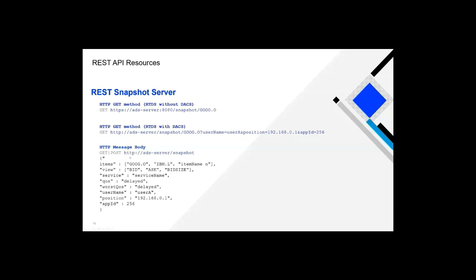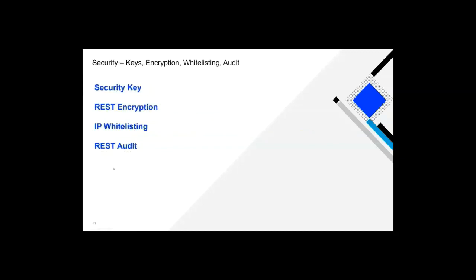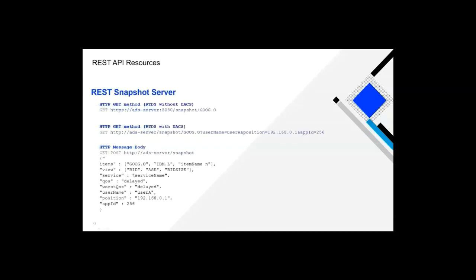Optionally, I can put the request data in the message body. So if I want to do a batch request, which means I have to specify multiple item names, or if I want only some view, I can specify view in the message body, and then I can specify QoS, worst QoS in the message body as well.